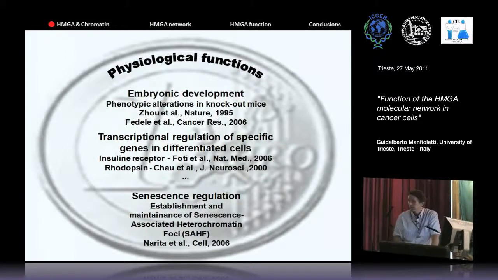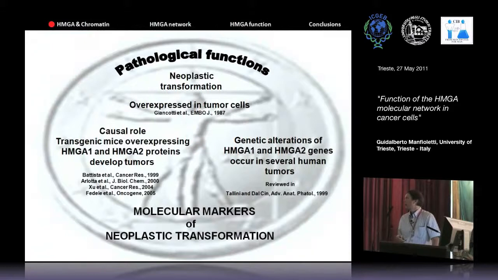On the other hand, they also contribute to some pathological functions. They are overexpressed in tumor cells at high levels, and this is an old observation, more than 20 years old. But the overexpression of these proteins in tumor cells has become a hallmark of cancer.